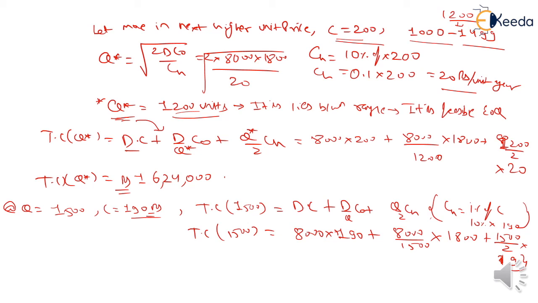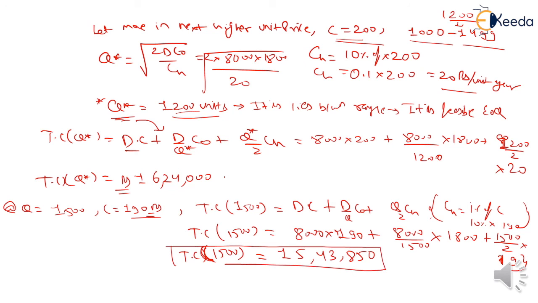Calculate all the data. So what is the total cost, students, corresponding to 1500 units? It is 15,43,850.